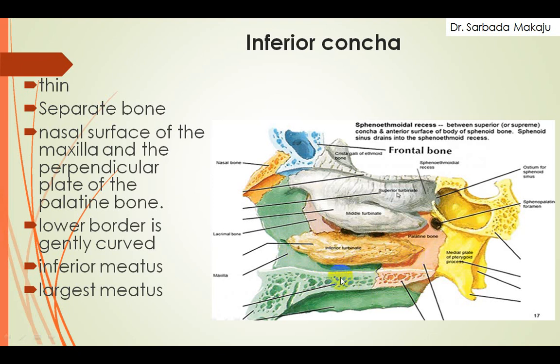and the space between this maxilla and the portion known as the inferior concha is known as the inferior meatus. This portion is known as the largest meatus.